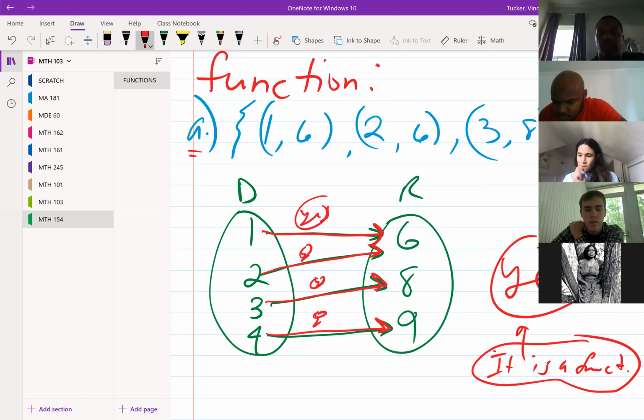Now let me say it like this too. If you have these type of thoughts or questions, make sure you ask them, because there are certain things they are expecting you to know from a previous class that they're not going to actually go through. So when they say ordered pair, they assume you already know what an ordered pair is. So certain sections are going to have assumptions attached to them.